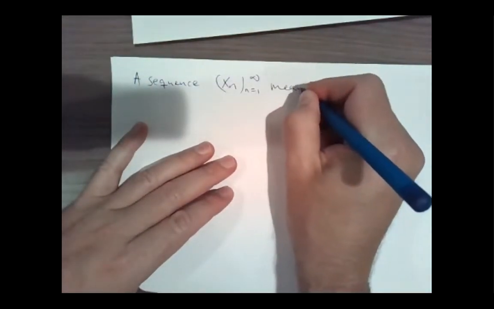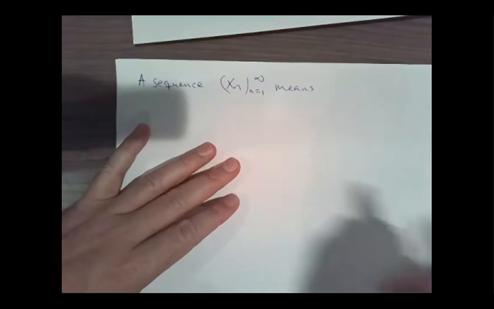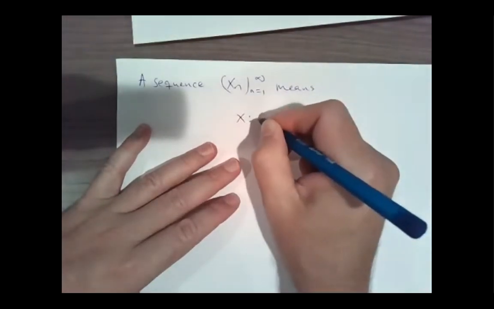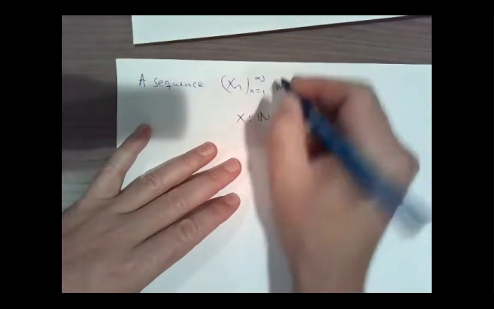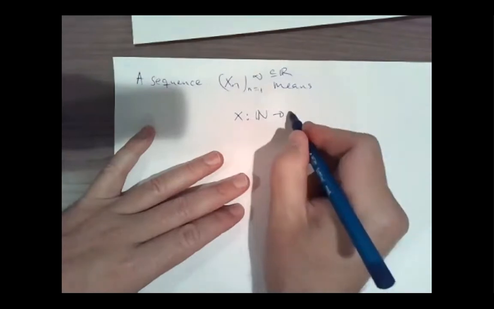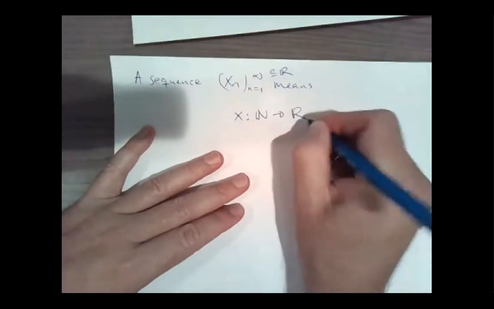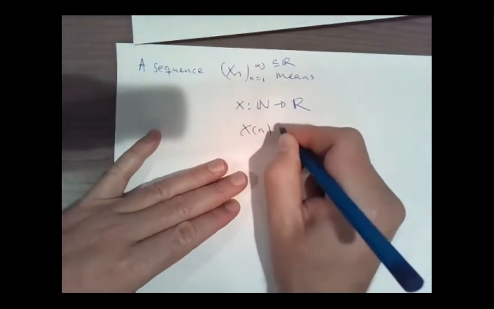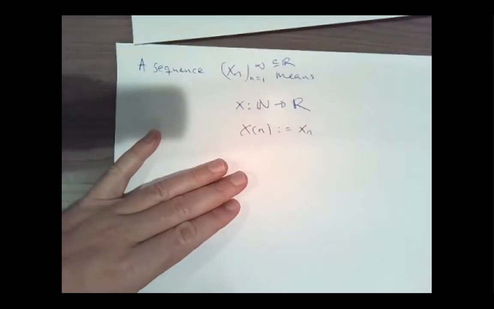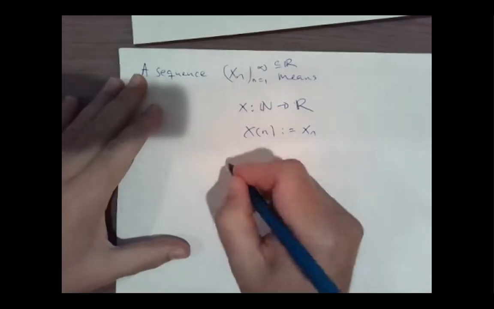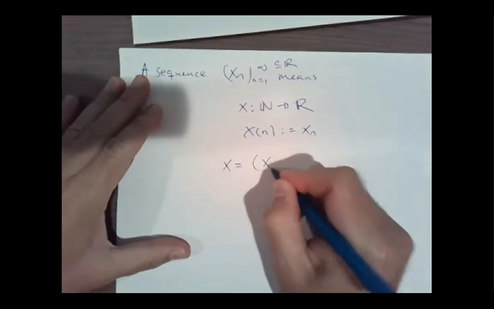I think of a sequence as a function from N to R. Exactly. If I write something like this, it's a sequence from N into R. Then x of n is defined as the value at n. We can think about it as being just a humongous vector.